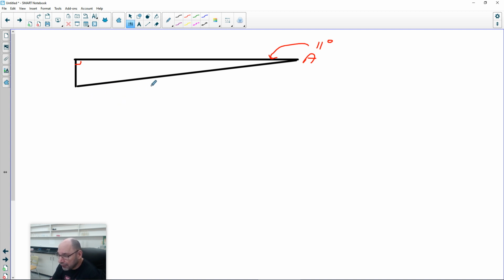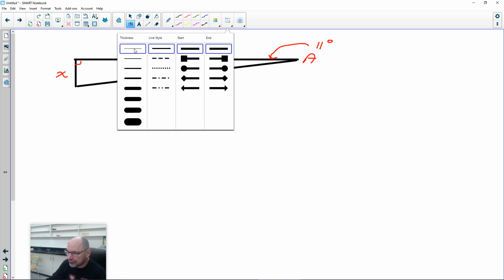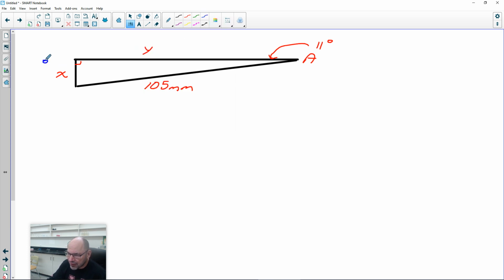Let's say that this is 105 millimeters, and I say find X and Y. So you can use both sine and cosine, well, not at the same time, but in steps to find both of these. All you have to do is figure out which one is opposite and which one is adjacent. So we know that this is the opposite side, this is the adjacent side, and this is the hypotenuse. Let's do the opposite side first.